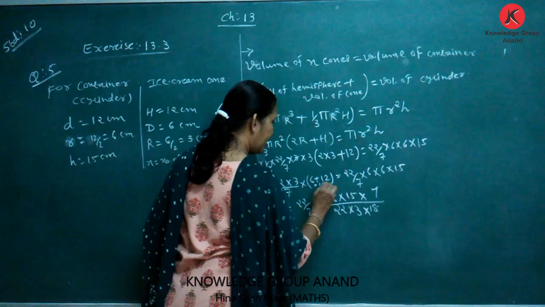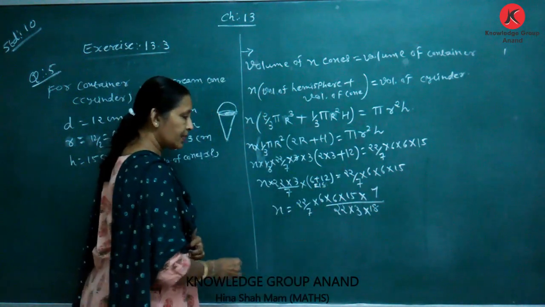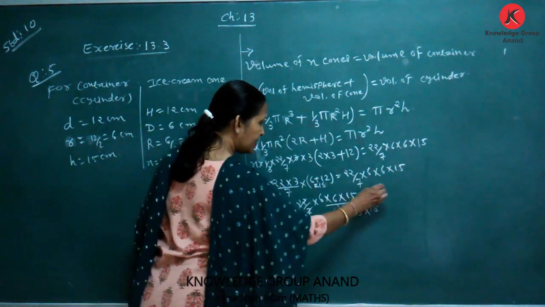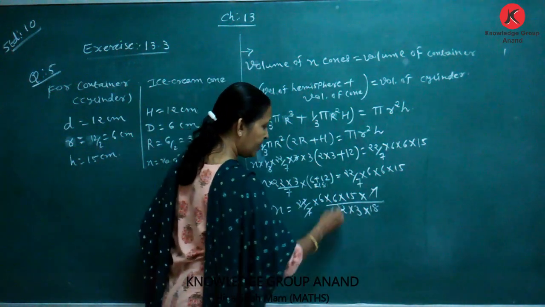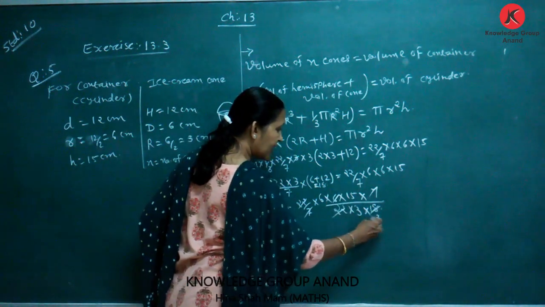Here we write 18. 22 and 22 cancel, 7 and 7 cancel, 6 and 3 is 18.